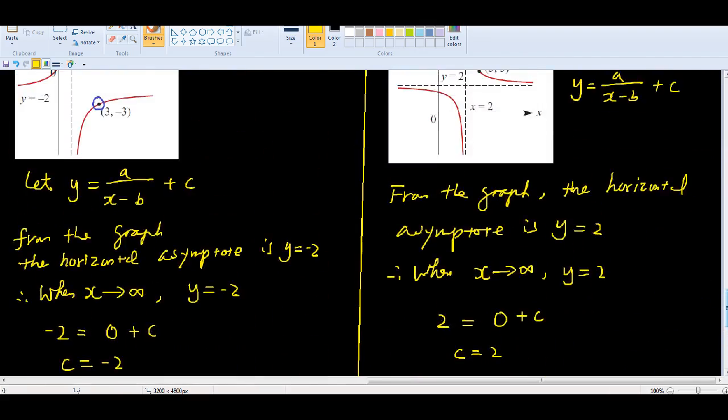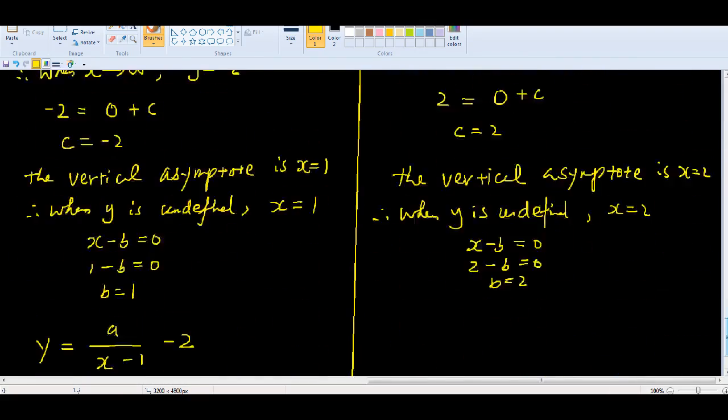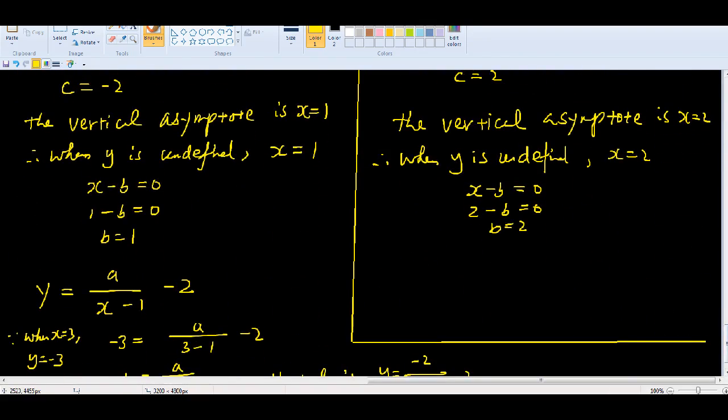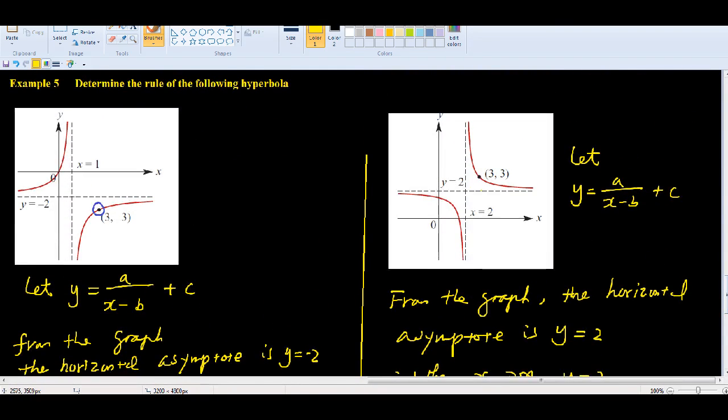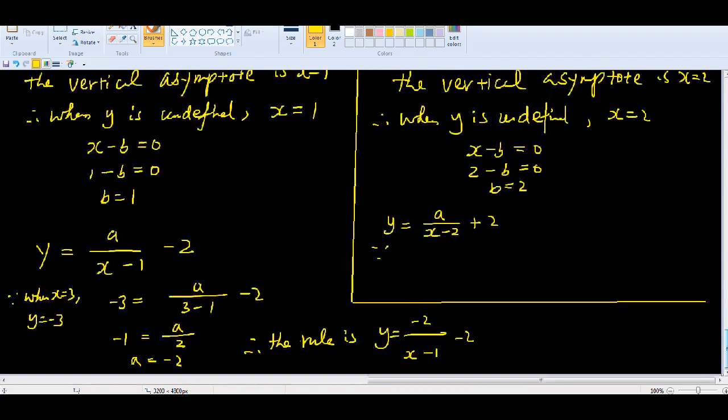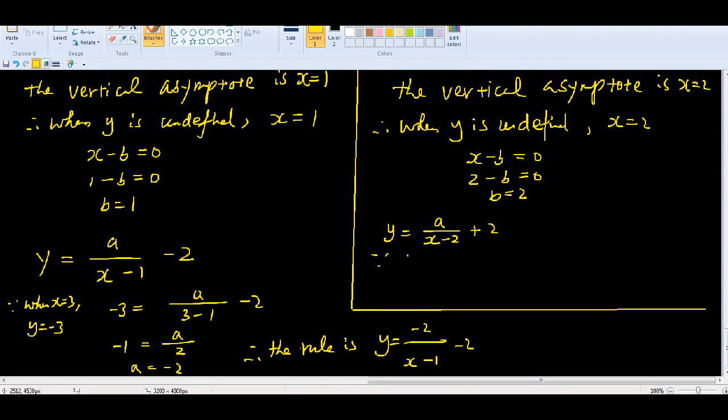Alright, so after all this, you still need to find a. So let's say now you will have an equation, right? So since this point, 3, 3, is on the curve, when x equals 3, y equals 3, so you will have 3 equals a over 3 minus 2, plus 2.